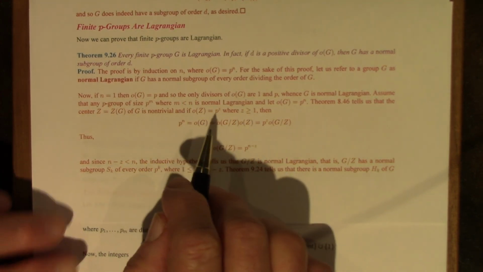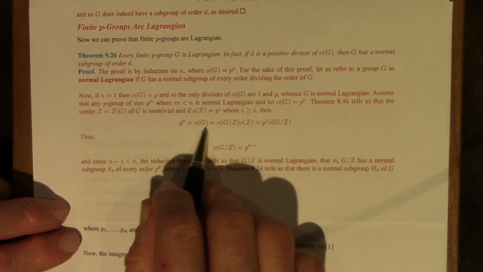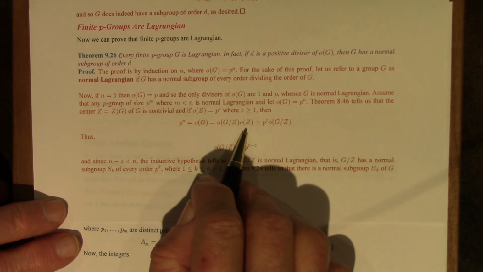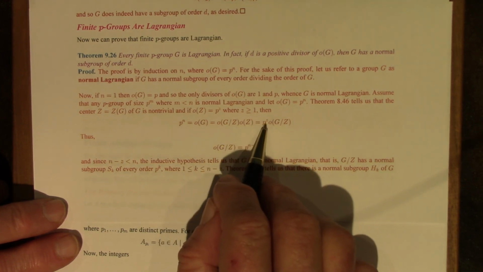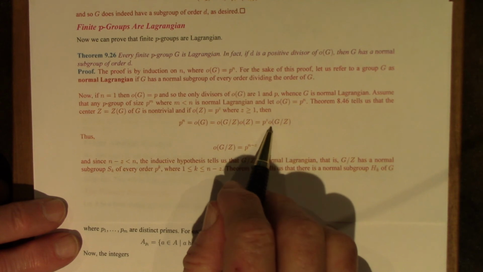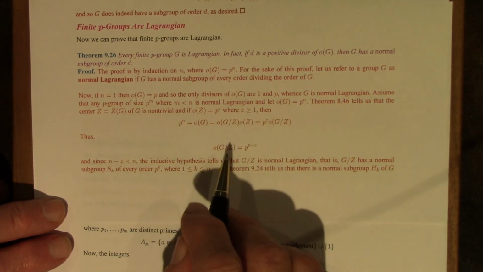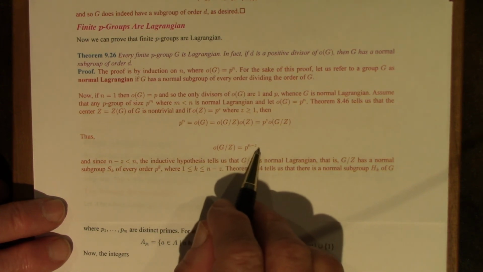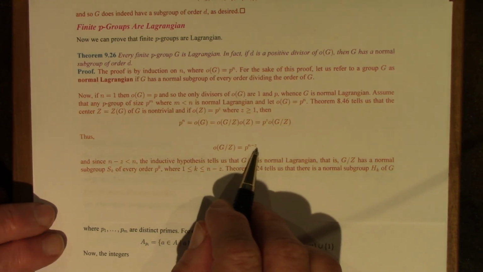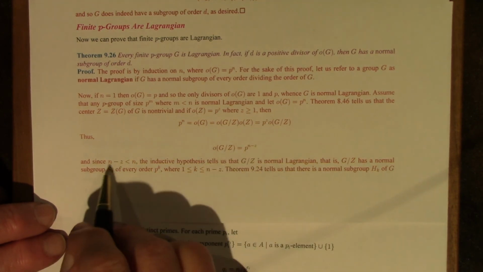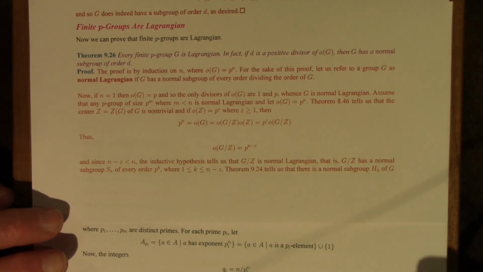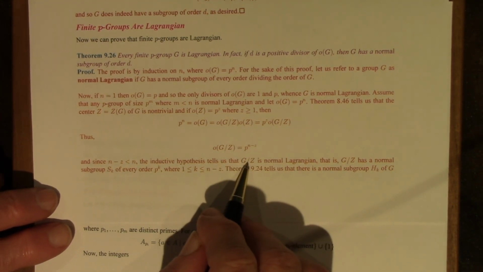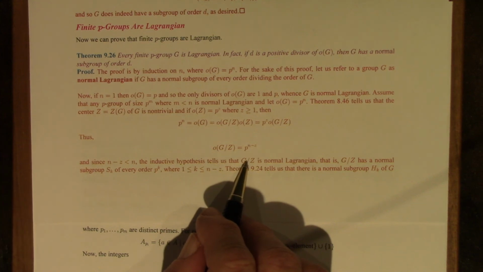And so the order of G is P to the n. It's the product of the order of G mod Z and the order of Z, and that's equal to P to the Z times the order of G mod Z. So the order of this quotient group is P to the n minus Z. Well, n minus Z is less than n, so the inductive hypothesis tells us that G mod Z is normal Lagrangian.